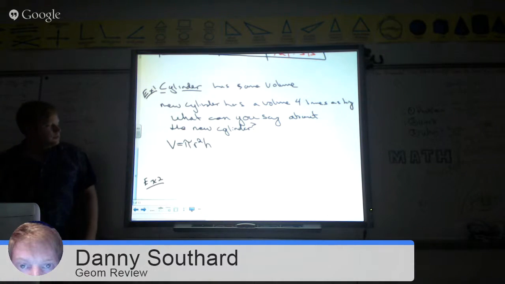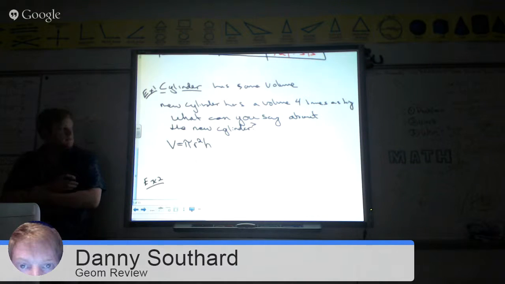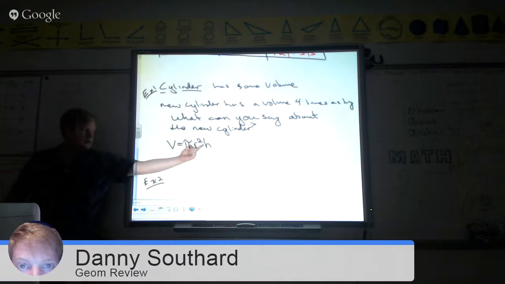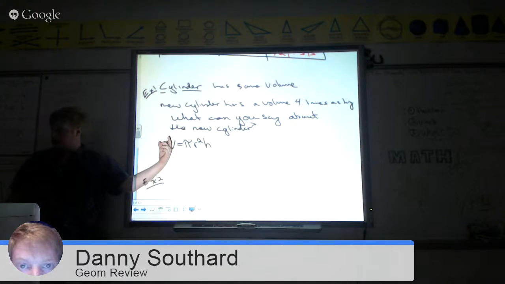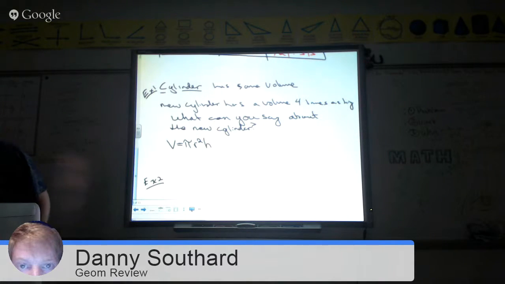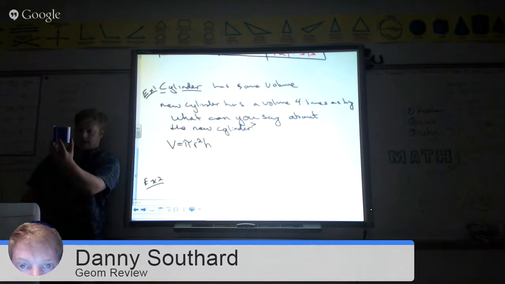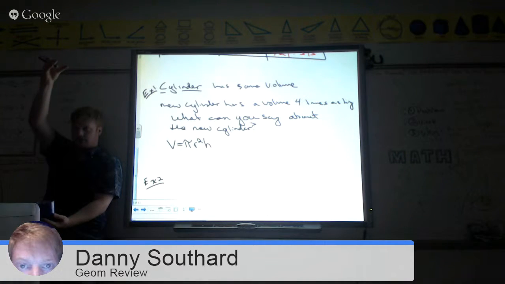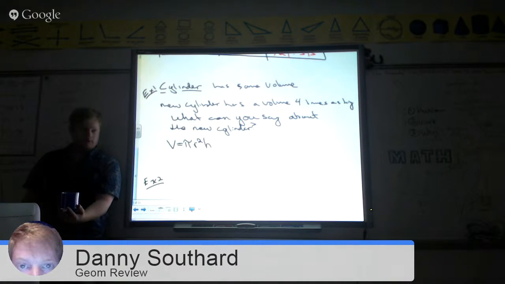Basically, if we plug in a number to multiply one of these dimensions by, we want it to end up being 4 times as big. Think about a cylinder. If I stacked 4 of these on top of each other, wouldn't the volume be 4 times as big?